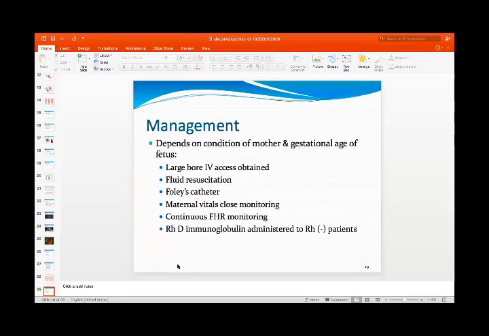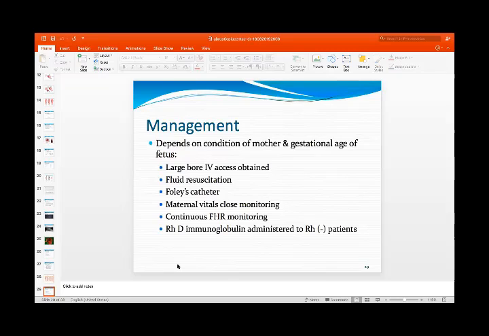How will you manage? Up till now we have discussed what abruption placenta is, what the different types are, concealed, revealed, or mixed type, what risk factors may contribute towards abruption placenta, and the different grades of abruption, from grade 0 to grade 3.